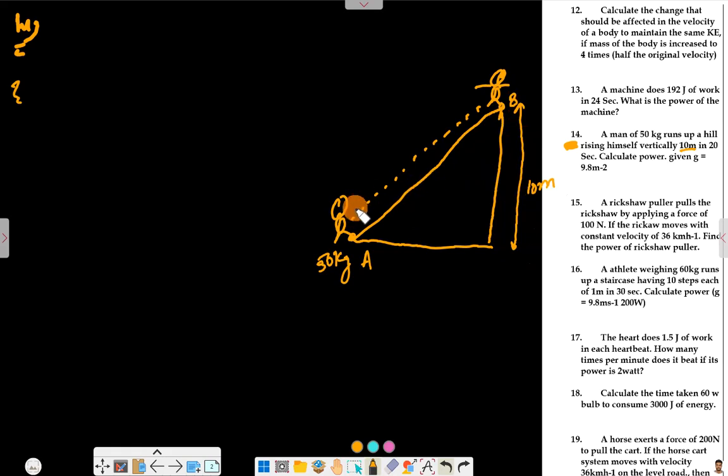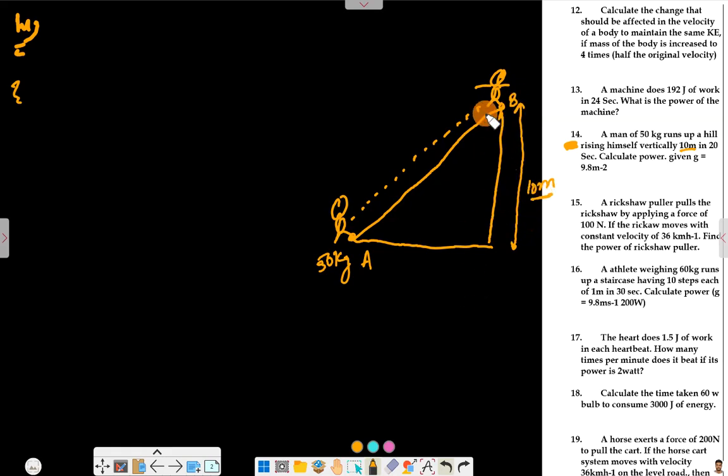Some of you might consider this distance to be 10 meter, but here it is mentioned as vertically 10 meter. If it had been mentioned that he traveled a distance of 10 meter, then this would be the 10 meter. But if it is mentioned that the increase in height or vertical distance covered by him is 10 meters, then we have to consider only the y-axis distance.